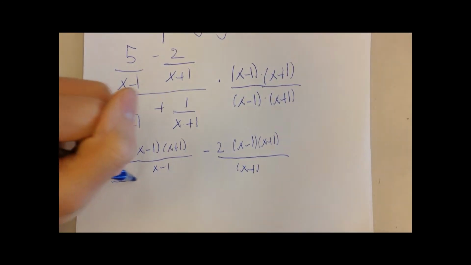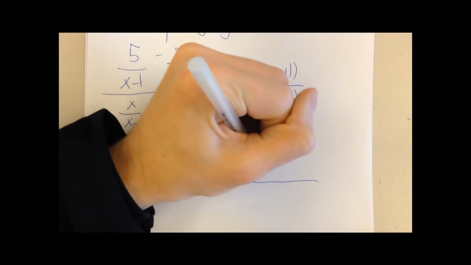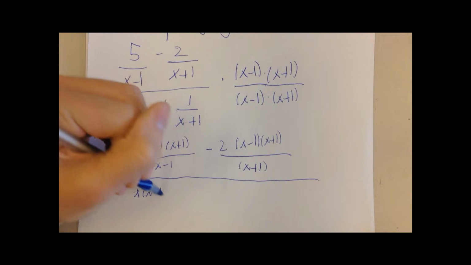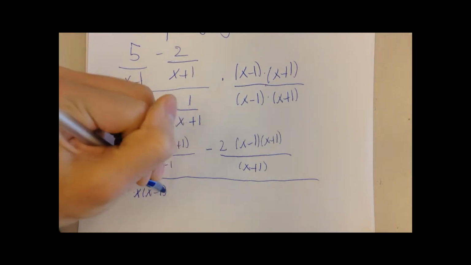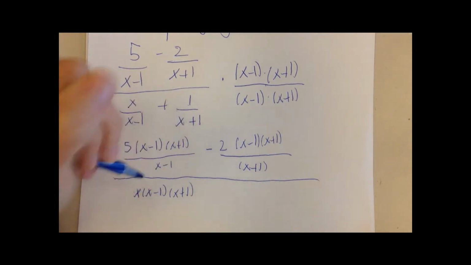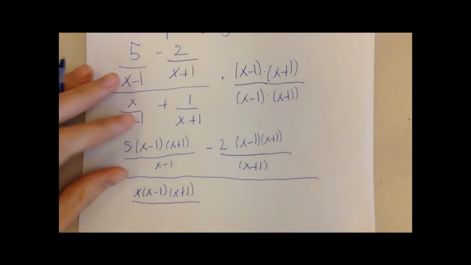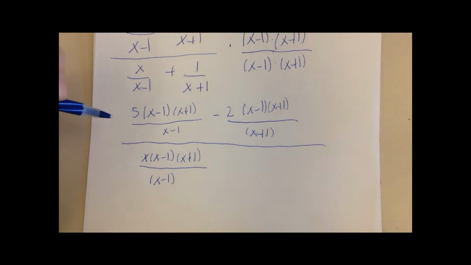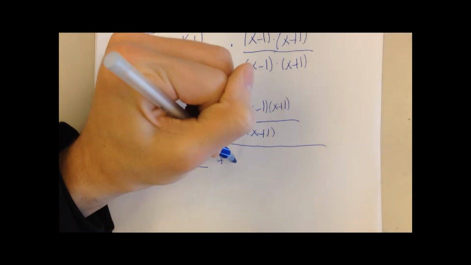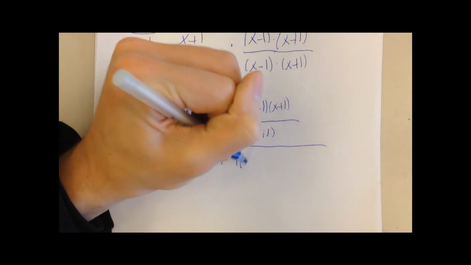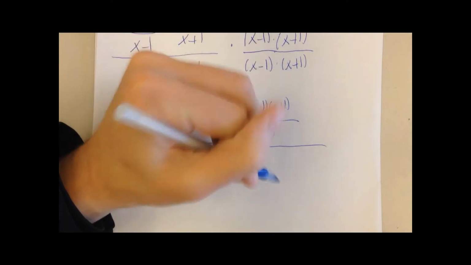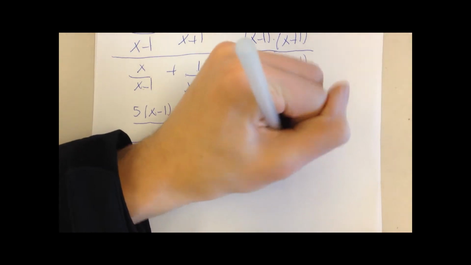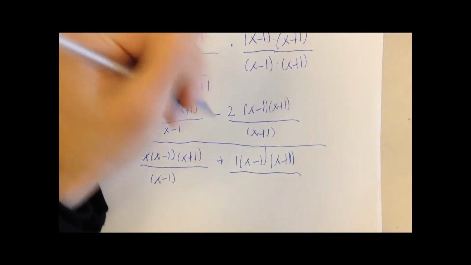And this is all going to be over (x minus 1)(x plus 1) over x minus 1, plus 1 times (x minus 1)(x plus 1) over x plus 1.